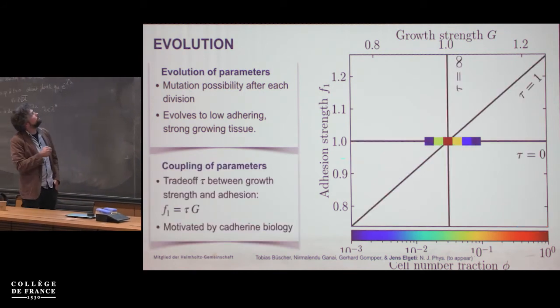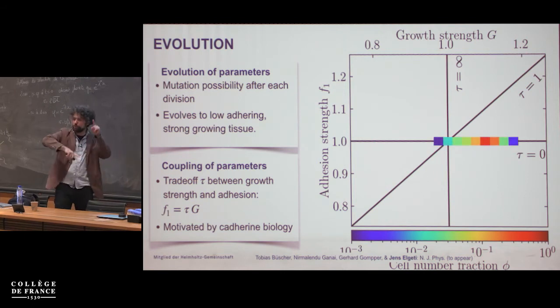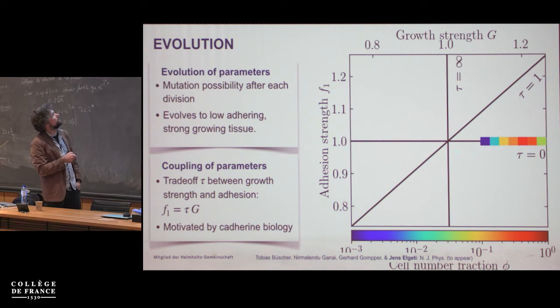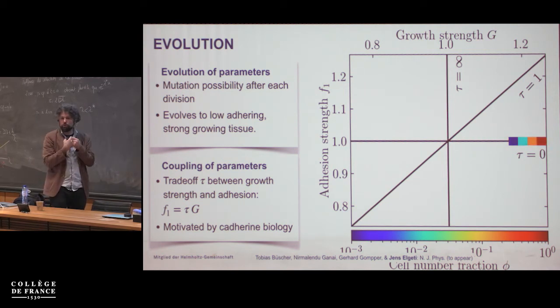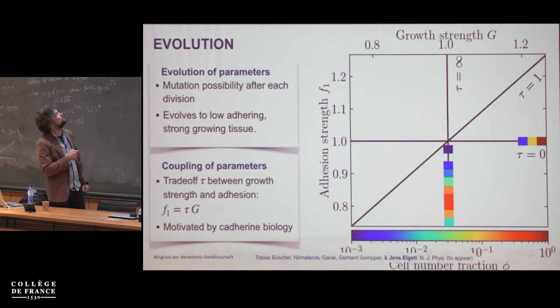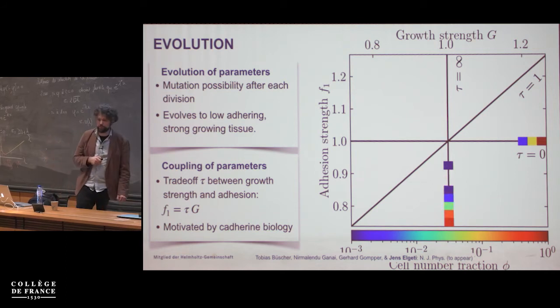That's the same as putting a line here in this phase space and only allowing evolution along this line. If we make the extreme case of a zero coupling, that means cells can only evolve a stronger growth or weaker growth. Well, of course, they evolve to strong growth. If you make the coupling infinitely steep, that means cells can only evolve in adhesion, and of course, they evolve to low adhesion.